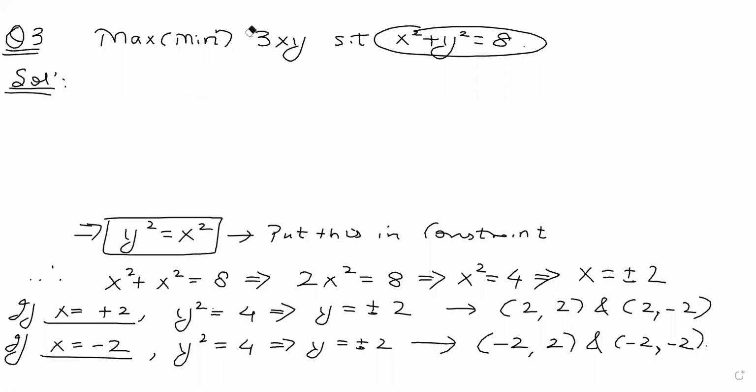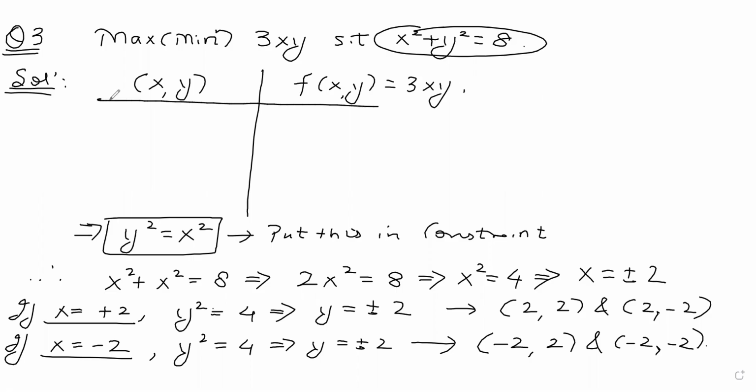We are going to plug the values of x comma y, and we are going to evaluate the function f of xy at these points. What are the points, guys, which we have got? The points we have got are 2 comma 2, 2 comma minus 2, minus 2 comma 2, minus 2 comma minus 2. So I am going to plug all these points in my function f of xy equal to 3xy.